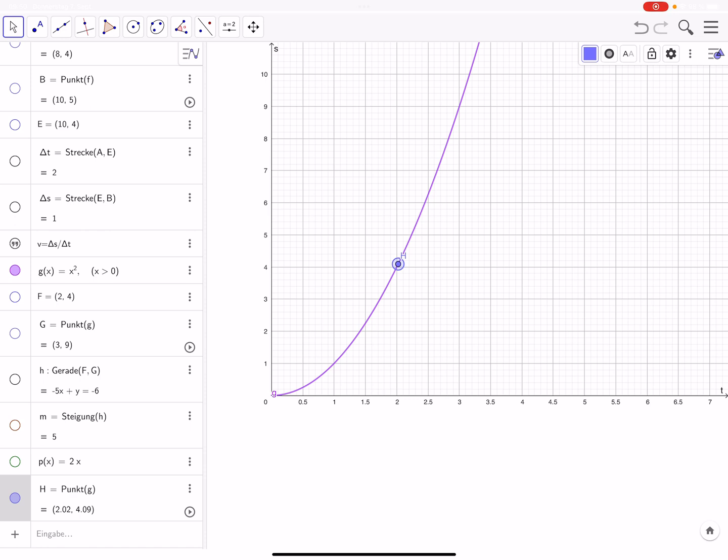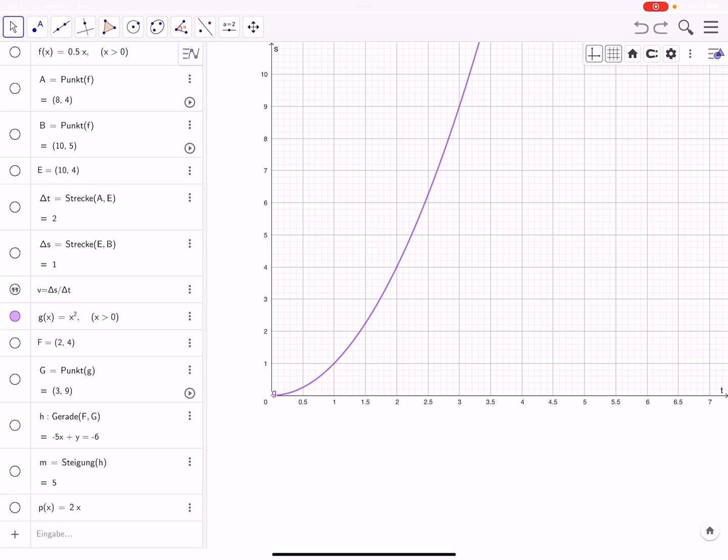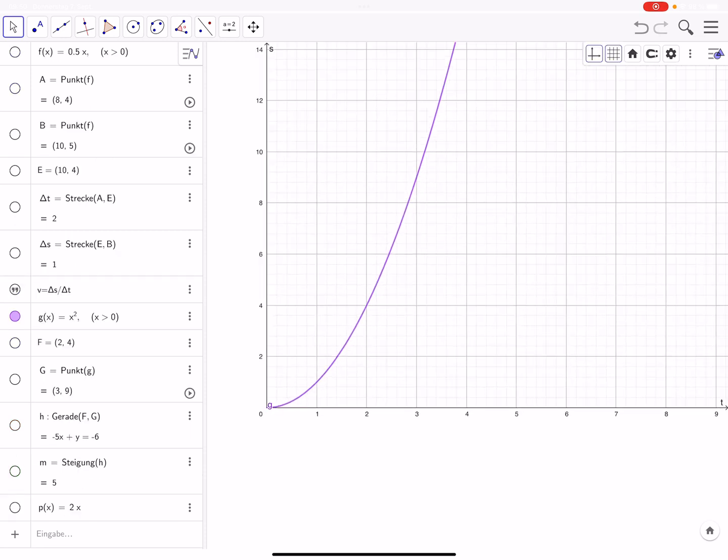So in the first second, it was a distance of 1 unit. In the second, we have a distance of 3 units. And so the distance that we travel per time unit increases, and that means that we have a change in the velocity.